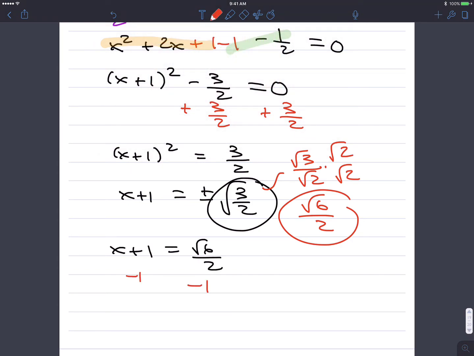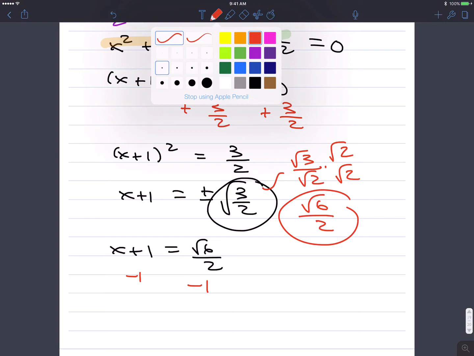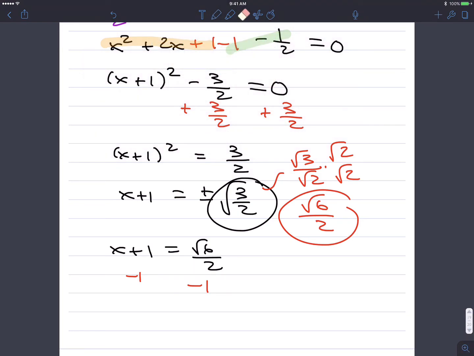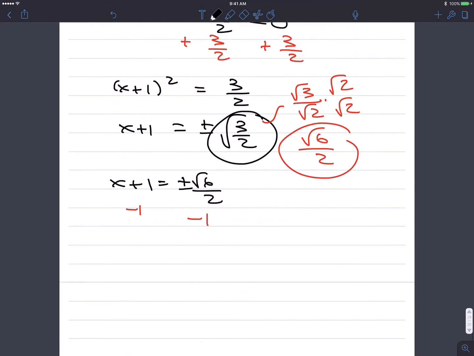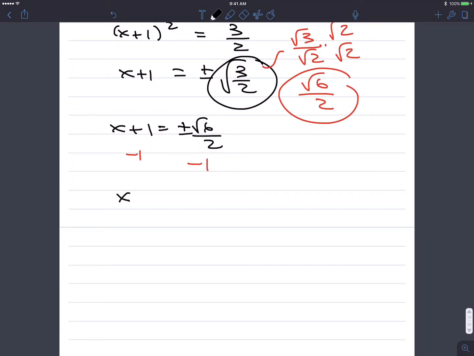You subtract 1 from both sides. Oh, we forgot our plus or minus. Let's go back. Subtract our 1, and here's what we get. X is negative 1 plus or minus the square root of 6 over 2.